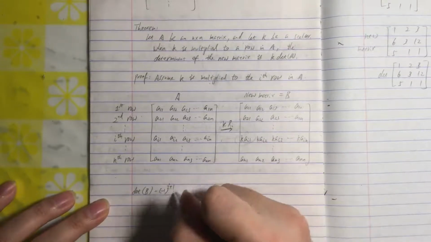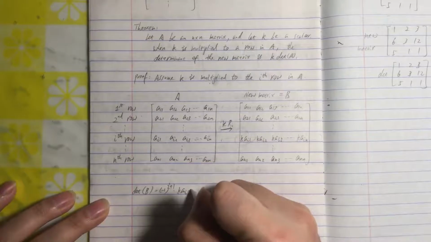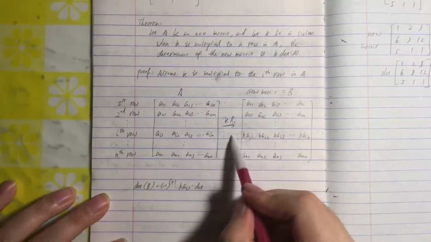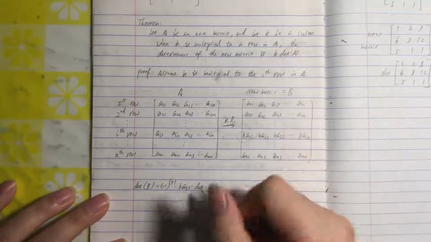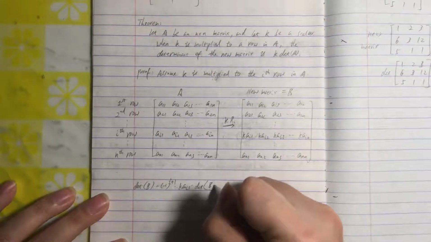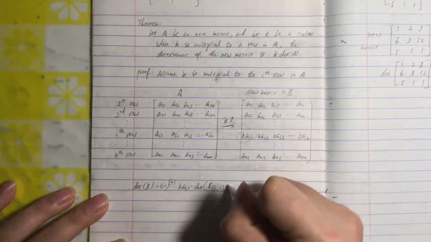times the entry KAI1 times the determinant of the submatrix from matrix B by crossing out the ith row and the first column.